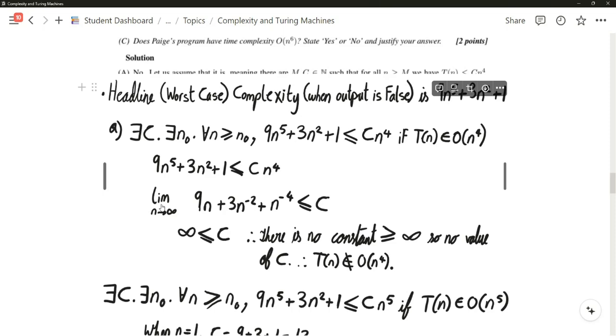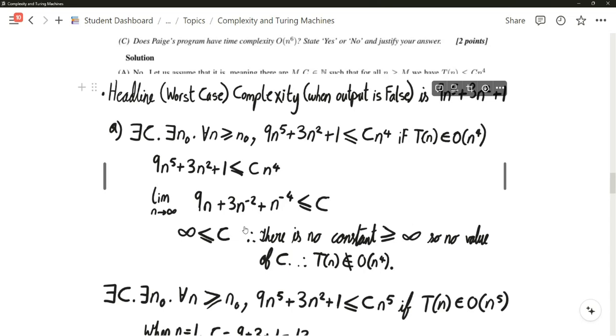We don't care what it is for small values. So we can see that 9n tends to infinity as n tends to infinity, and these two, because the exponent is negative, both tend to 0. So what we're left with is infinity is less than c. That's a contradiction. Therefore, we've disproved it, because infinity cannot be less than any constant.